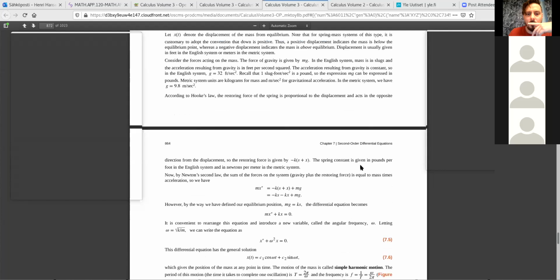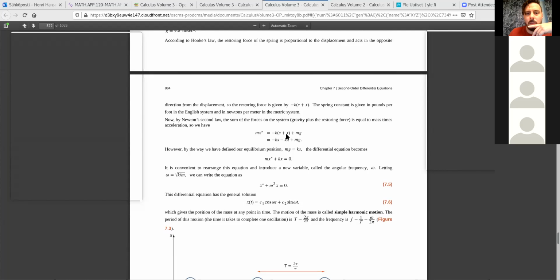So we can formulate this so that the displacement of this mass from its equilibrium point imposes a force that is proportionate to some k times the displacement. That's how springs are usually modeled. So the further you pull, the bigger the force.